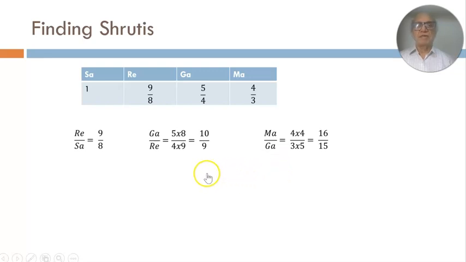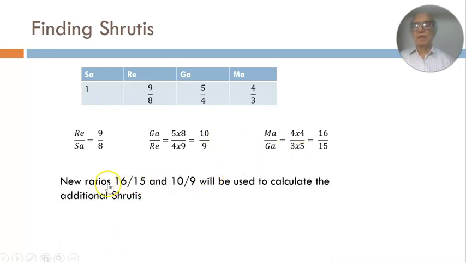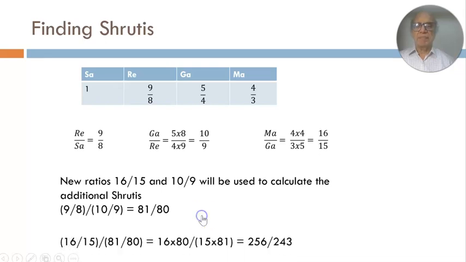So note that starting from our earlier ratios, we have got two more here, 10 by 9 and 16 by 15. Using these, we get further ratios. So the new ratios of 16 by 15 and 10 by 9 will be used to calculate additional Shrutis. So 10 by 9 divided by 9 by 8 will give you 81 by 80.